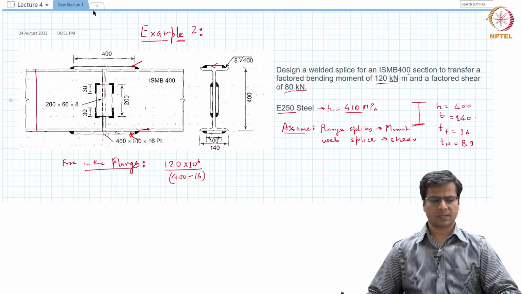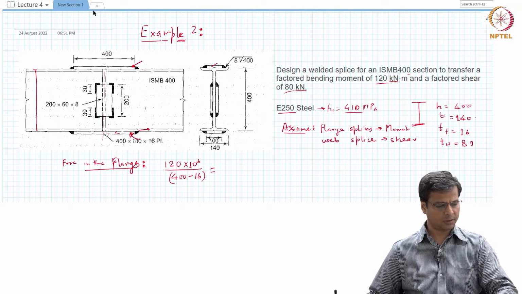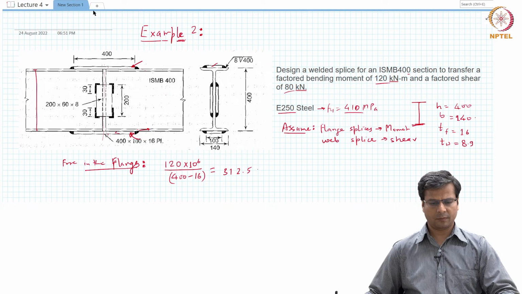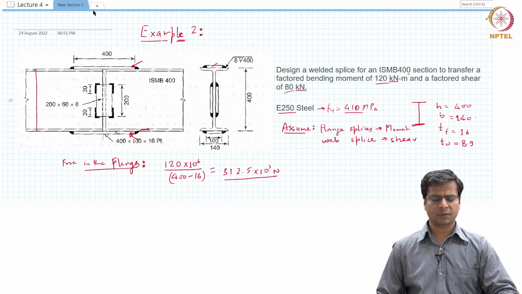So the distance from center of the flange to center of flange will be 400 minus 16, and this value turns out to be 312.5 multiplied by 10 to the power 3 newtons. So this much force is acting on the flange, and this force needs to get transferred to the flange splice using a fillet weld.